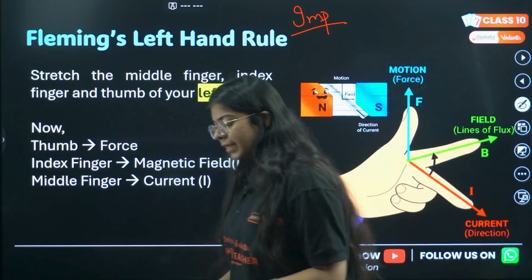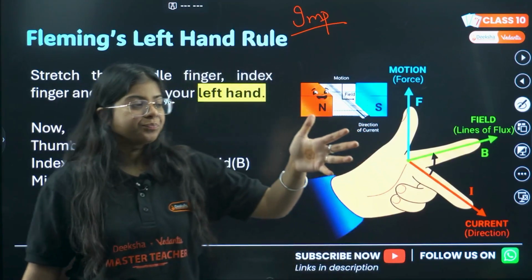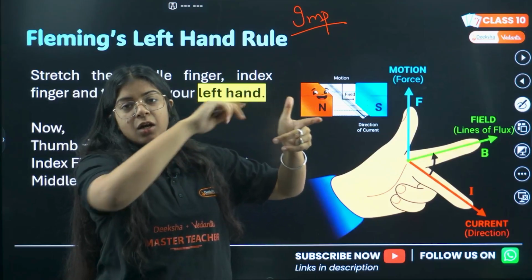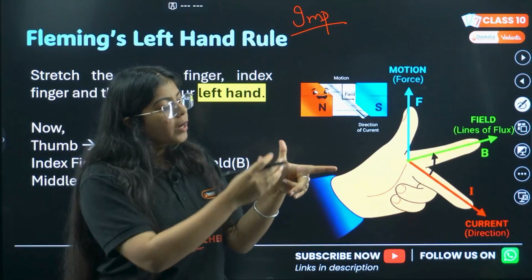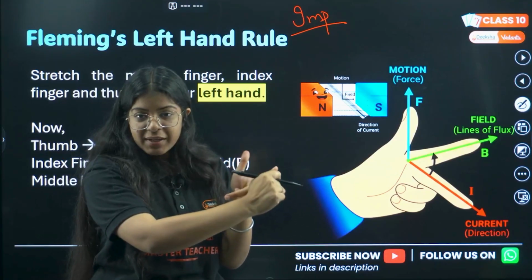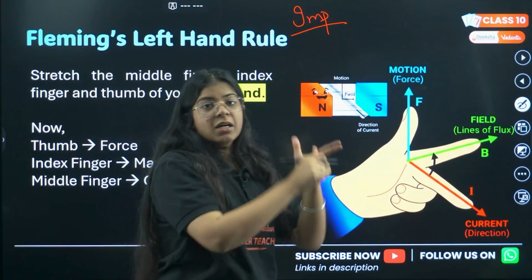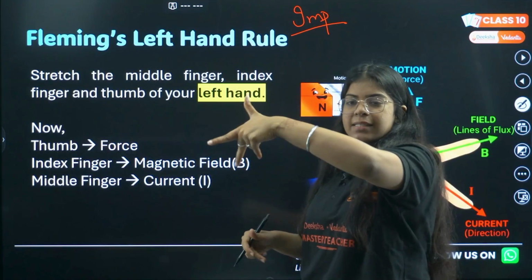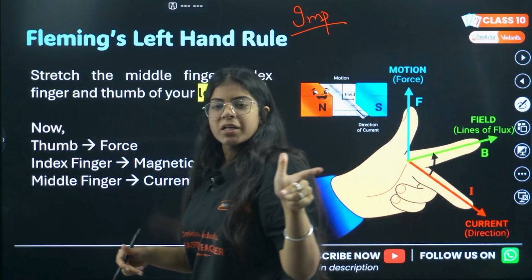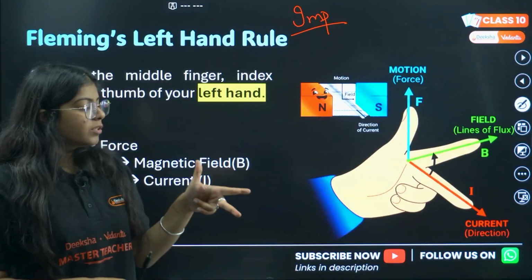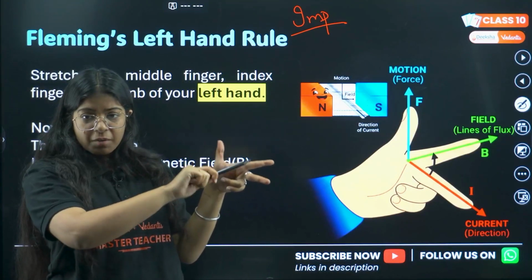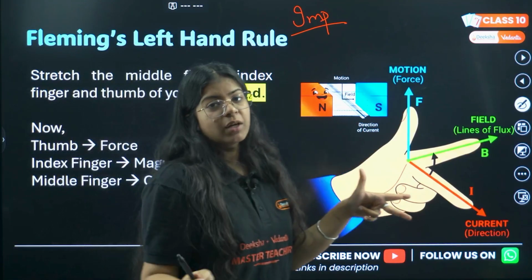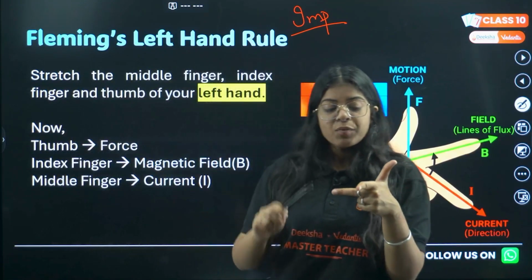Okay, let's see. Take your left hand and make a 90-degree angle between your thumb, your index finger and your middle finger. Stretch these and make an angle of 90 degrees among each other. If you do that, you will see that your thumb is pointing towards the direction of force. How?